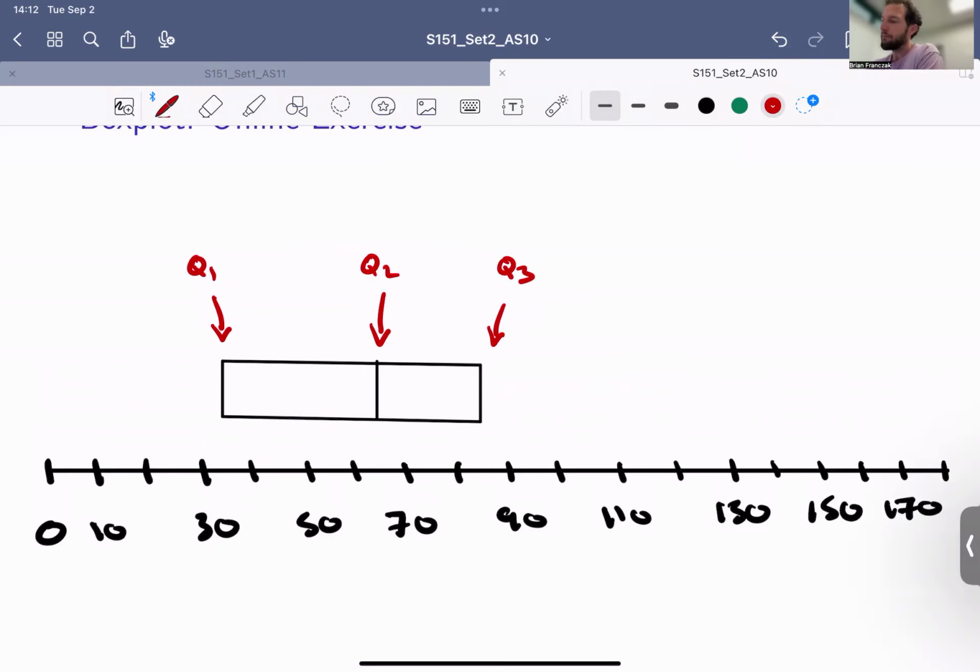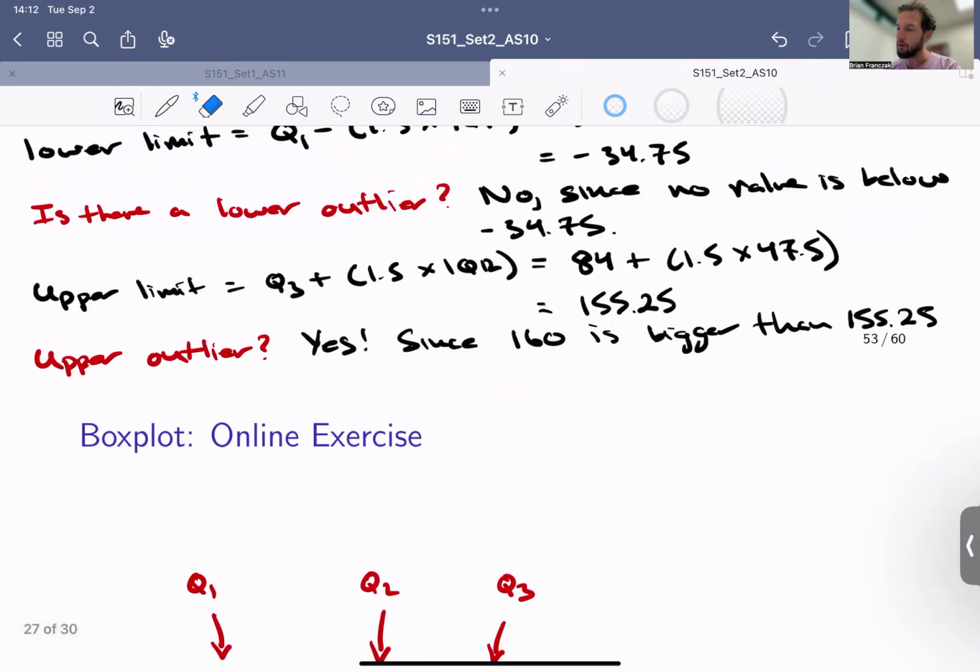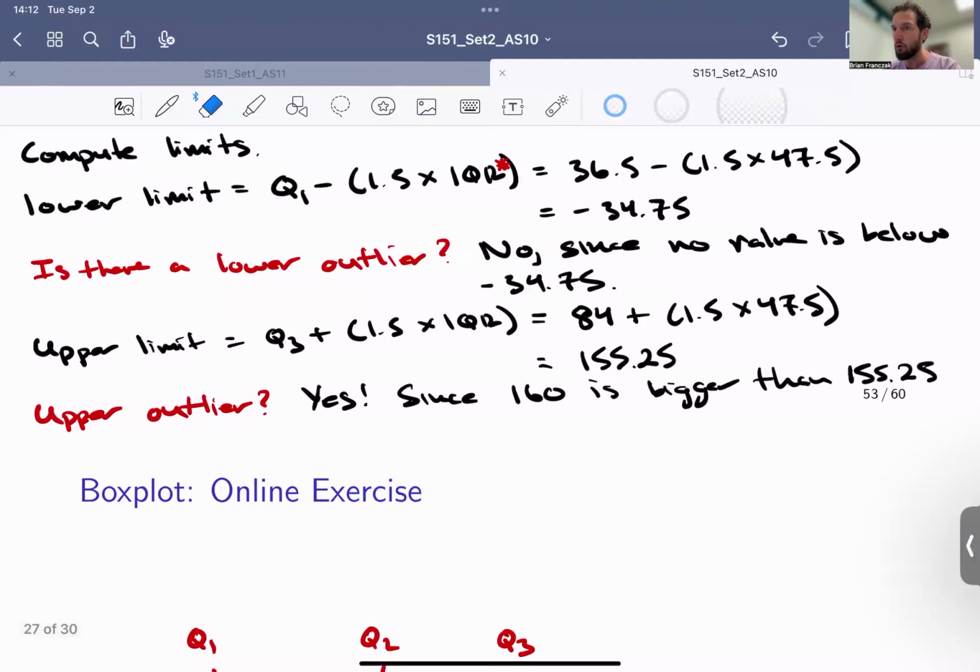Now what we have to do is mark down where the tails of the box are going to go. The way that this works depends on the result of the limit check. For example, we determined that there was no lower outlier. So the lower limit was at negative 34.75. So we have no outlier in the lower half of the data set.